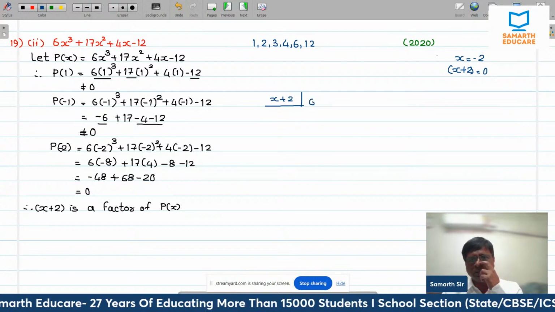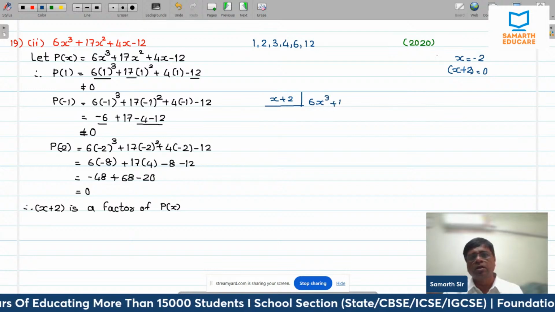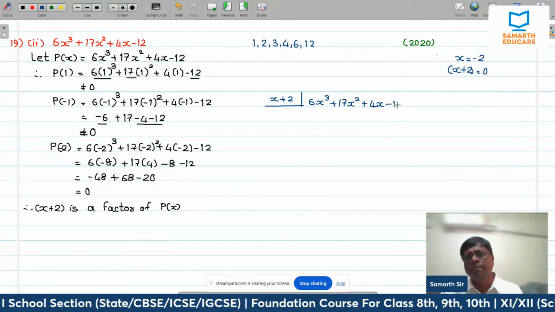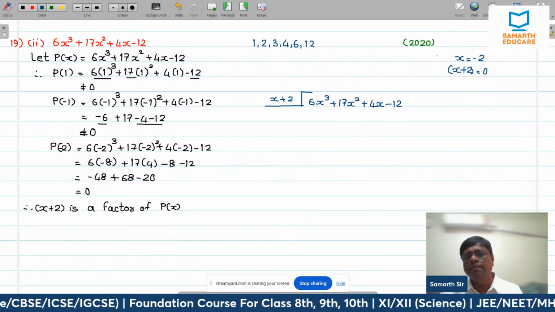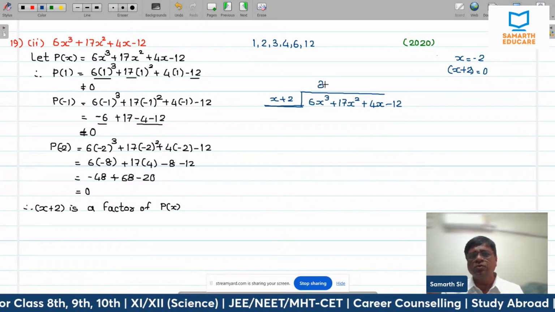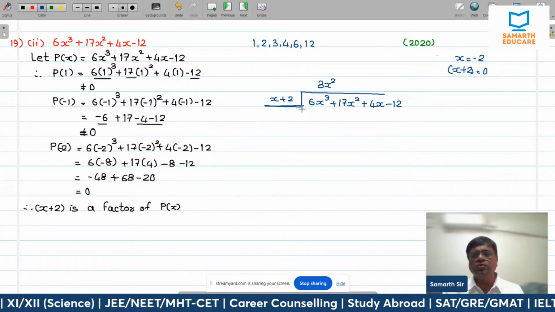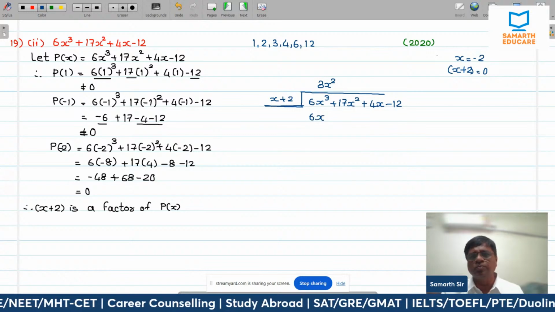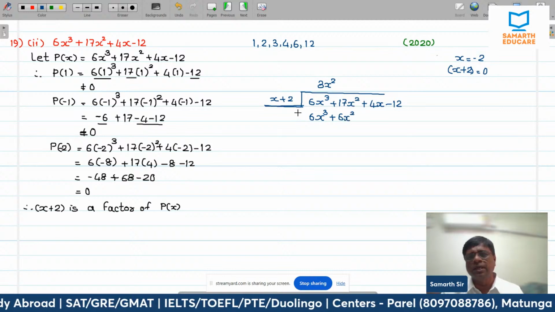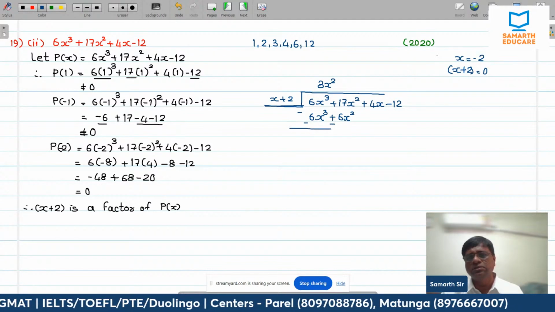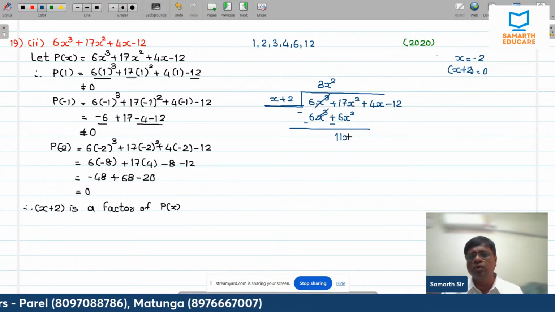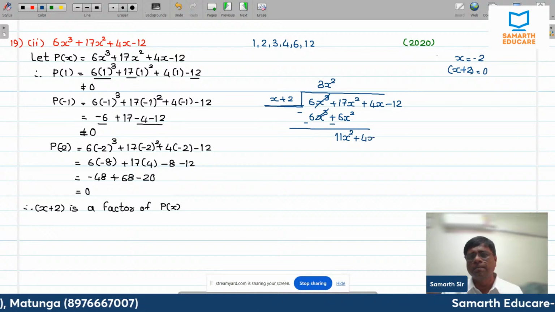किसको डिवाइड करना है, 6x क्यूब प्लस 17x स्क्वायर राइट. सो 3x स्क्वायर से अगर मल्टीप्लाई करो, x स्क्वायर 3x स्क्वायर इंटू x इज 6x क्यूब, 3x स्क्वायर इंटू 2 इज 6x स्क्वायर माइनस 17 minus 6 is 11x square plus 4x.